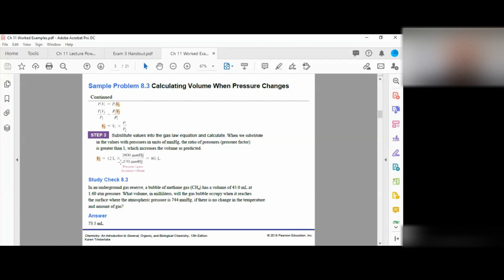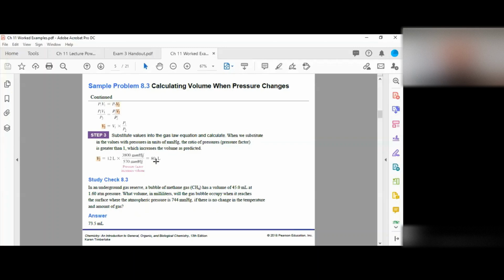All right, plug in the given data. So V1 is 12 liter, P1 is 3800, P2 is 570 millimeter mercury. And once you do the math, you know already that you have 2 sig fig times 3 times 2 sig fig divided by 2 sig fig. So your final answer should have 2 sig fig. And the decimal point there is a must to show that you have 2 sig fig.